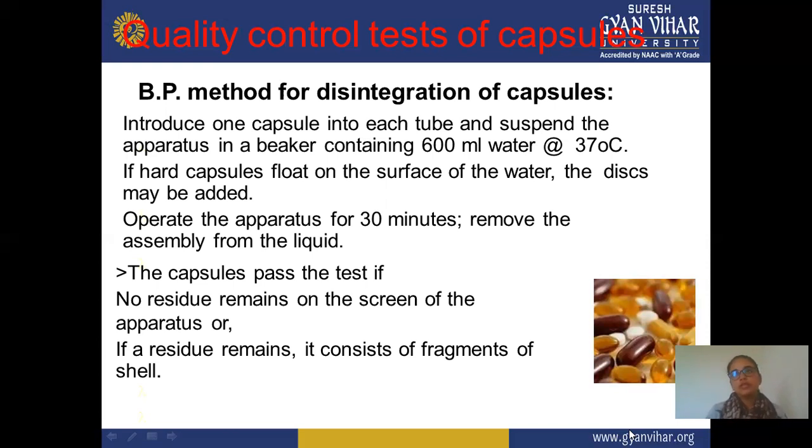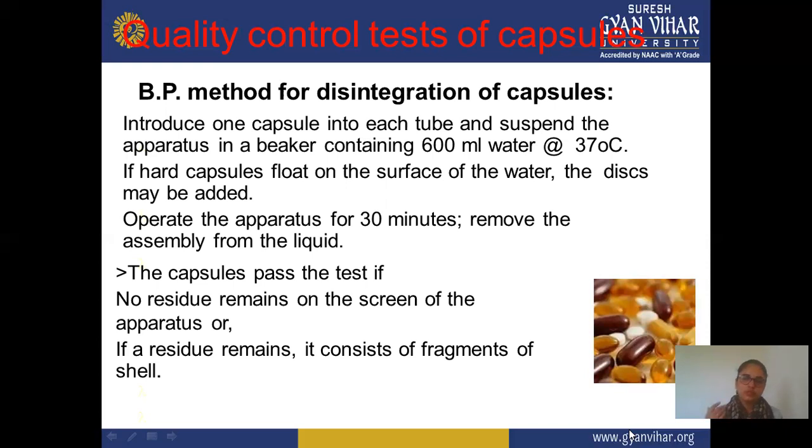After 30 minutes, you should make sure that no material is present. Either the capsule completely disintegrates, or if there's a residue, it is your shell or a fragment of your shell. So if there's no residue, your test passes; otherwise it fails the disintegration test.